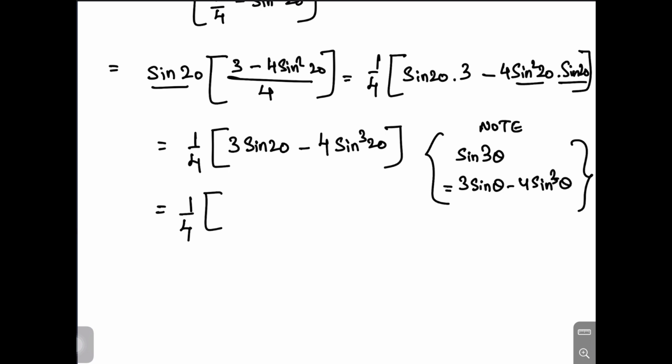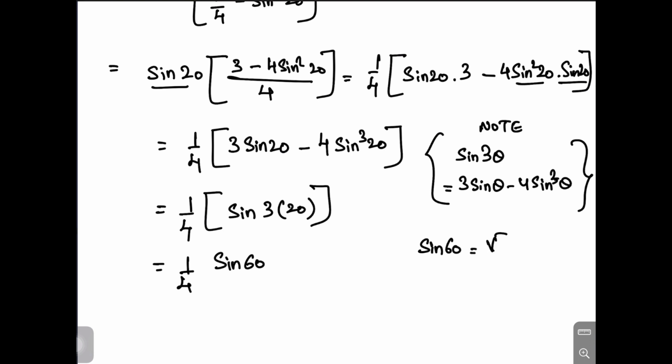We can use the formula here, so we'll get 1 by 4 sin(3 into 20). 3 into 20 is 60. We know the value of sin 60 is root 3 by 2. 1 by 4 into root 3 by 2 gives root 3 by 8. Hence RHS.